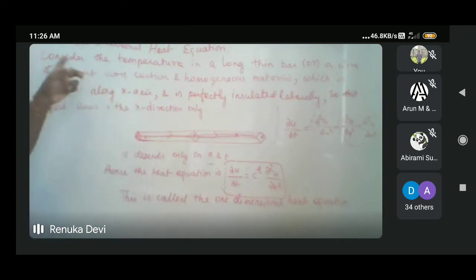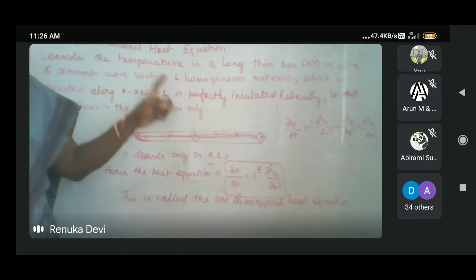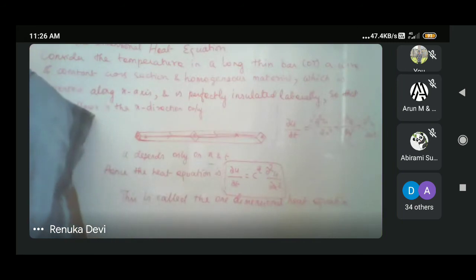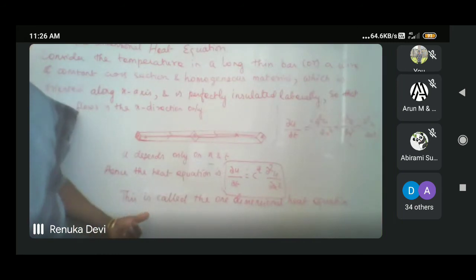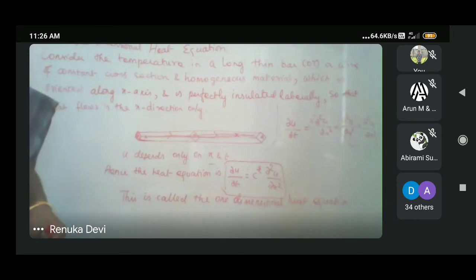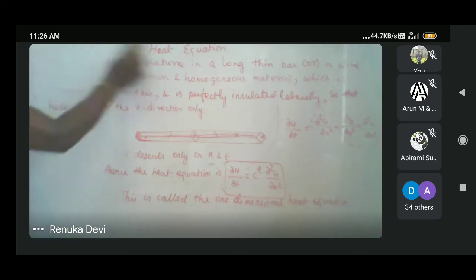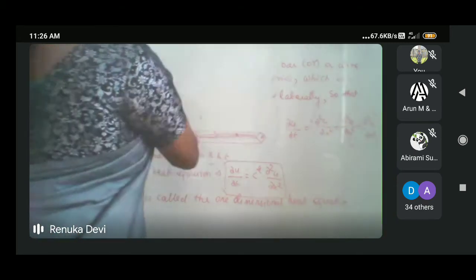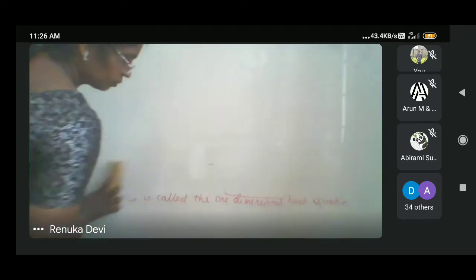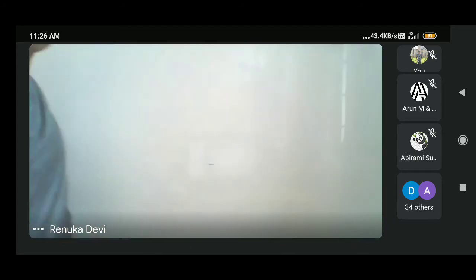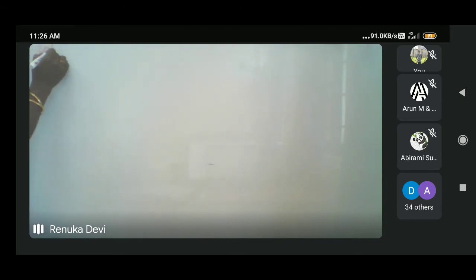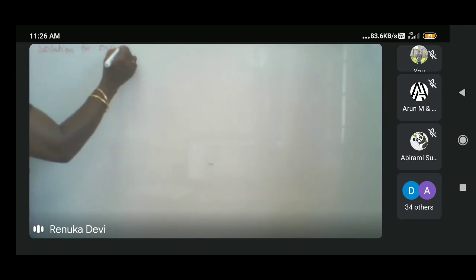You have to start by considering the temperature and proceed. This is called the one-dimensional heat equation, and how to solve this? Our aim is to solve this equation. So the next step is the solution for the one-dimensional heat equation.